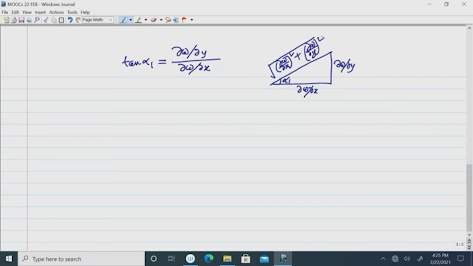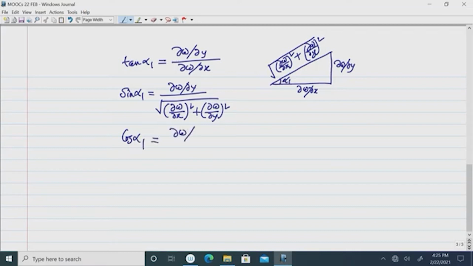So, sin alpha 1 will be del w by del y divided by the hypotenuse, root over del w by del x whole square plus del w by del y whole square. Similarly, cos alpha 1 will be del w by del x divided by root over del w by del x whole square plus del w by del y whole square.